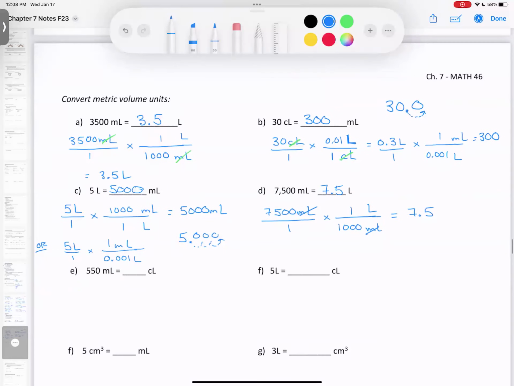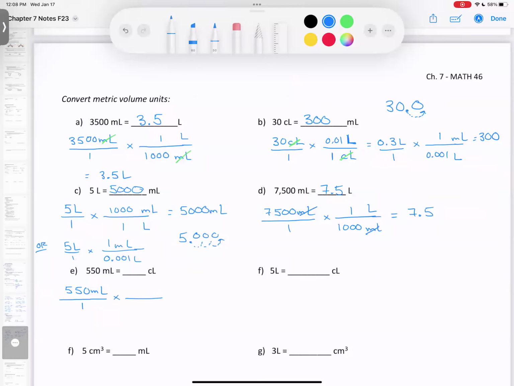Next one, okay, we have 550 mils. And we want to get to centiliters. So if you do this using the conversion factors, unless you have that conversion factor, which we don't on our sheet, we're going to have to do that in 2 steps. So we're going to convert that into liters first.